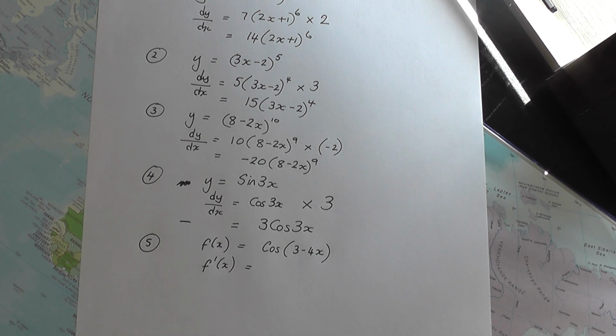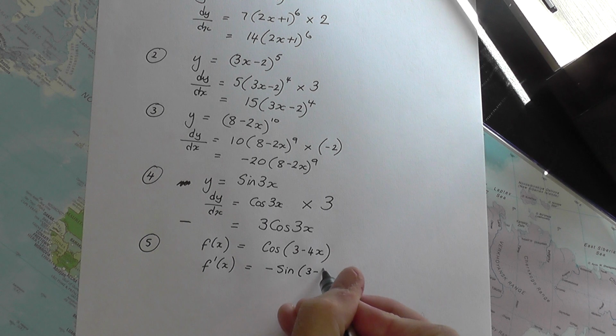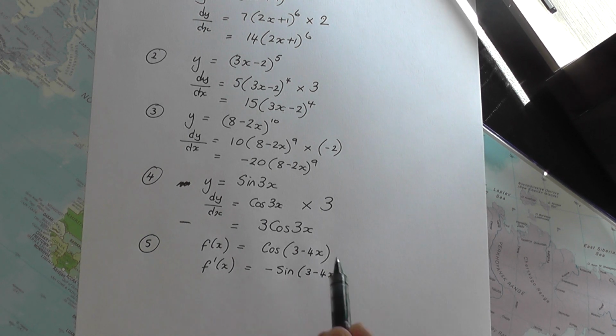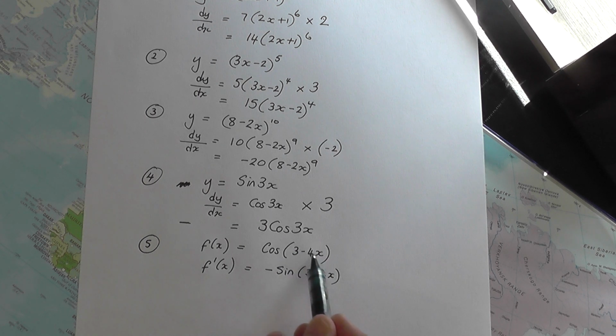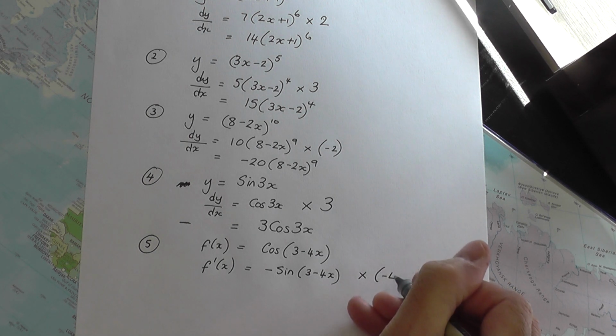So the first thing that you do is the cos takes priority. You differentiate cos, you get minus sine of the same angle. You then go into the bracket and deal with the minor, the lesser of the functions, 3 minus 4x, and you differentiate that, and you'd get just minus 4. So you multiply the whole thing by minus 4.